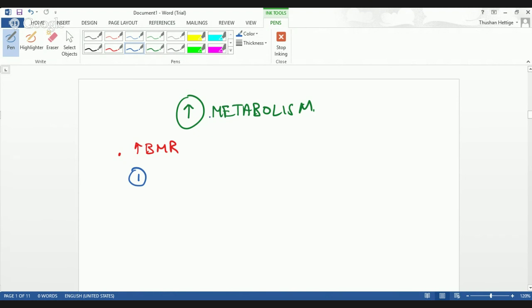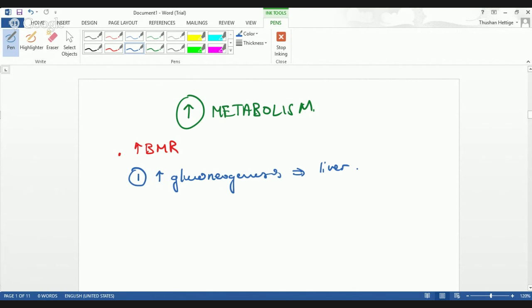Okay, glucose. Thyroxine increases gluconeogenesis. Do you remember gluconeogenesis? In which organ does gluconeogenesis occur? The liver. Good.